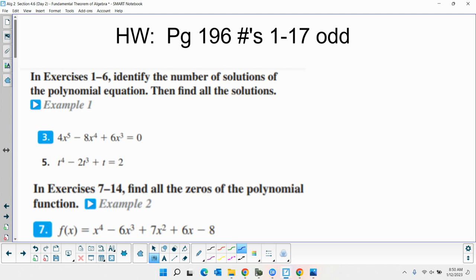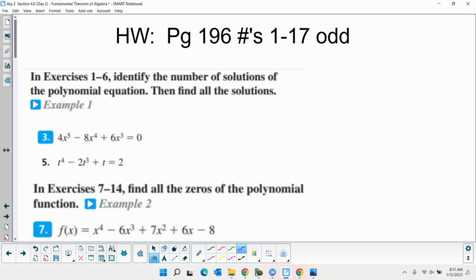Number 5. There's 4 answers, negative 1, positive 2, 1 minus i radical 3 over 2, and 1 plus i radical 3 over 2. So like that warm-up we did. Number 7, negative 1, positive 1, 2, and 4.